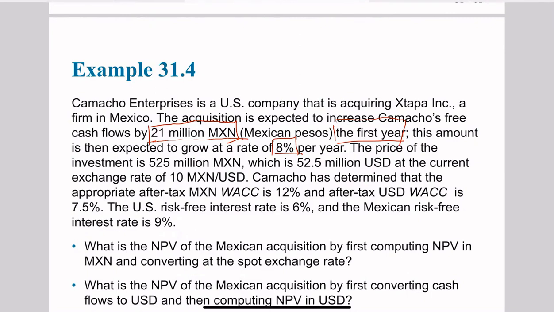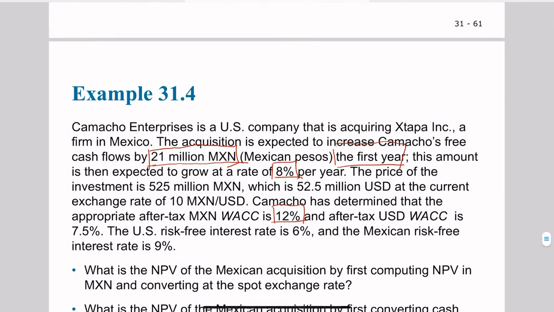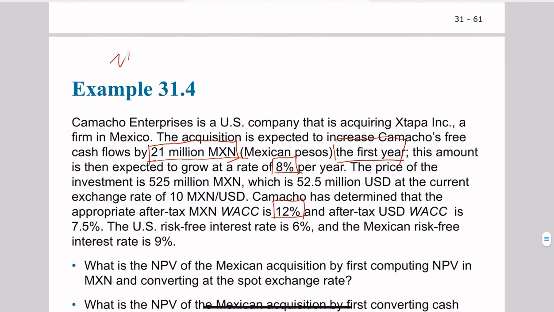So we have everything we need to value this project. So the NPV would be the cost plus the first year cash flow divided by the cost of capital minus the growth rate.